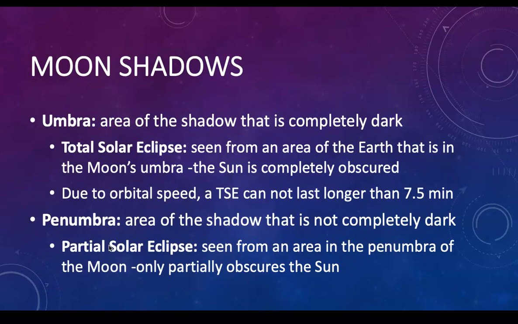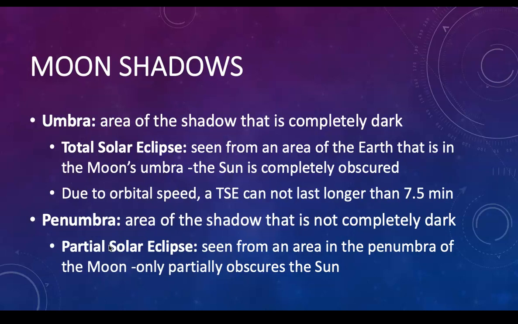I'm thinking a lampshade where it's brighter in one area and dimmer as you go outwards, but that's actually the opposite. But it's the same sort of idea. So in any shadow, there's an area that is much darker than the other parts of the shadow. The darkest part of that shadow is the umbra area, and the penumbra area is the area around it.